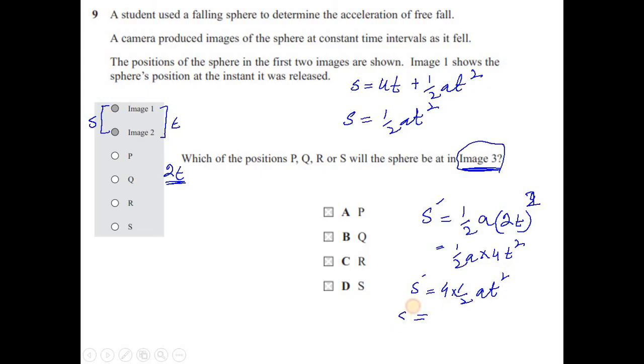That means s dash is in fact 4 times s. So this is s, this is 2s, this is 3s, this is 4s. That means at 2t, the sphere should be at R. So the option is C.